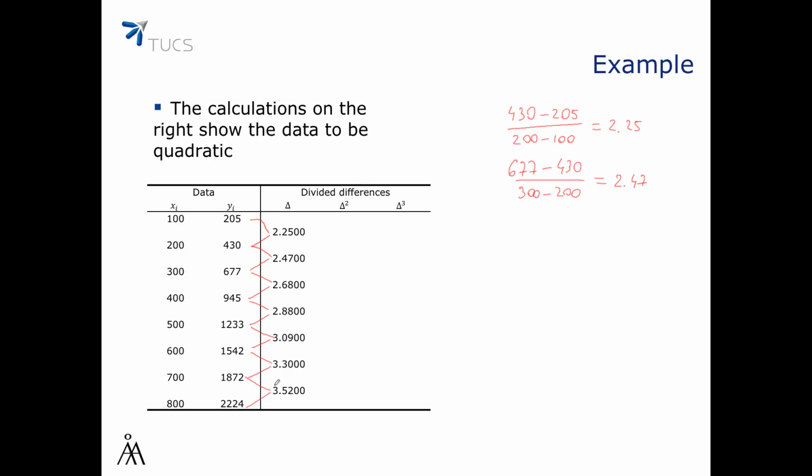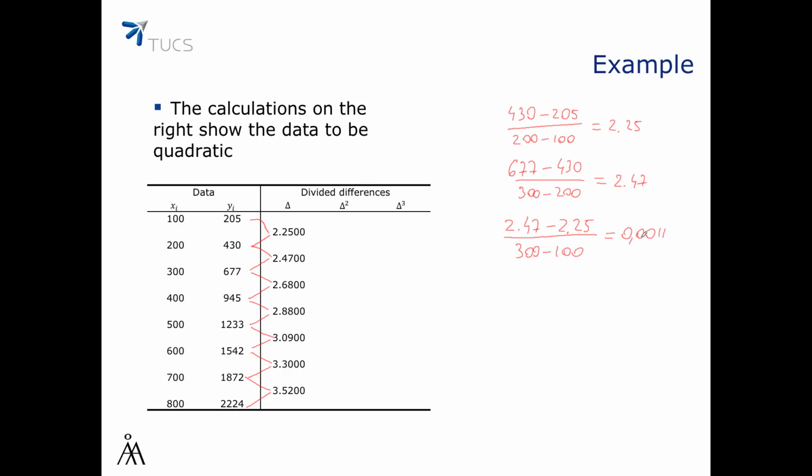We can now calculate the divided differences between this new set of points. So the first divided difference will be 2.47 minus 2.25 divided by, and here you need to pay attention, it's going to be 300 minus 100, and the result is obviously 0.0011.